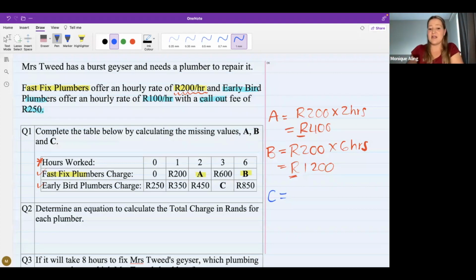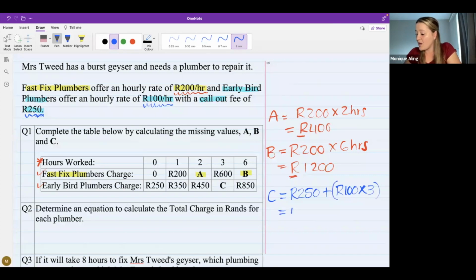Now remember, early bird plumbers charge 100 Rand for every hour, but they also charge a call out fee. So that means as soon as they arrive, they've already charged you 250 Rand just for going to your house to help you fix your plumbing. Okay, so before they even worry about the hours, you pay a call out fee or a fixed charge of 250 Rand, plus you pay 100 Rand times the hours, and the hours by C is 3.